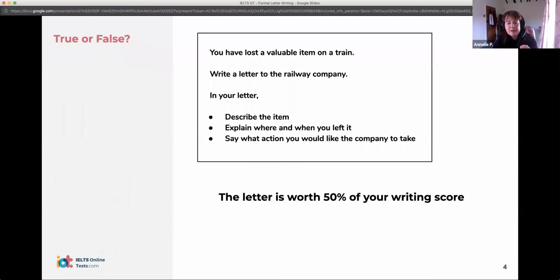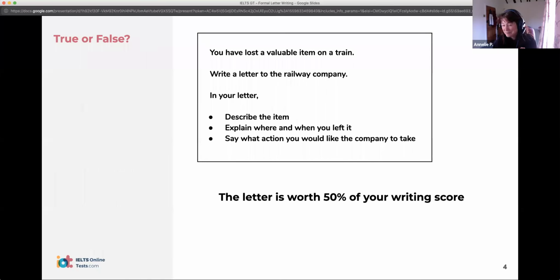So we're going to look at some true false sentences here, to see how good your knowledge is. How much is task one worth of the overall writing mark? Is it 50%? What do you think, true or false?